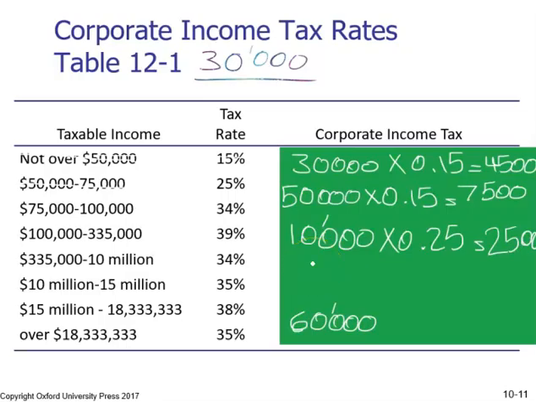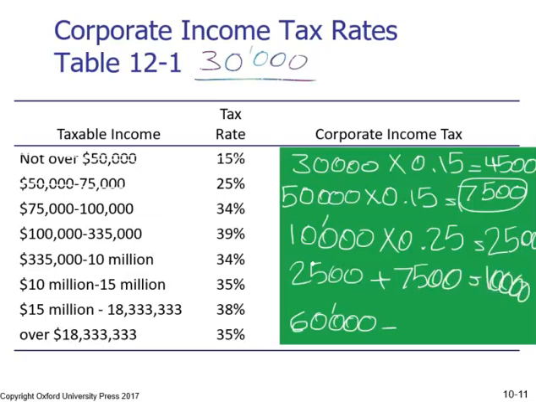What is the total tax? Okay, 2,500 for that extra $10,000, and also we have this 7,500 for that 50,000. So the total amount of tax would be $10,000.